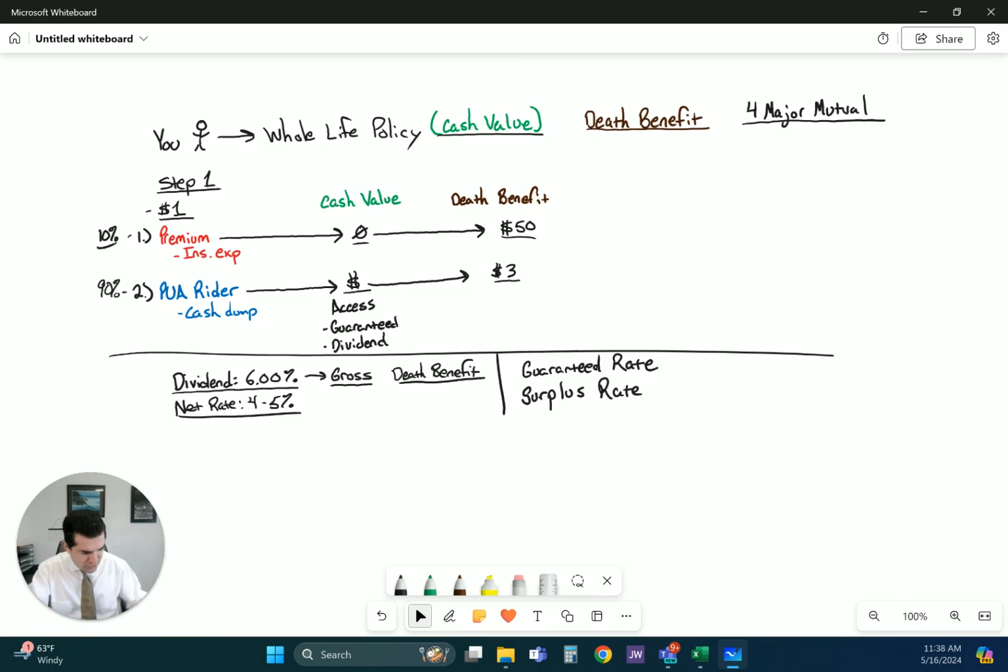And when you look at a life insurance illustration, you'll see a column that's called annual dividend. That reflects the surplus, not the actual dividend rate. I know it's very confusing, but here's how it works.